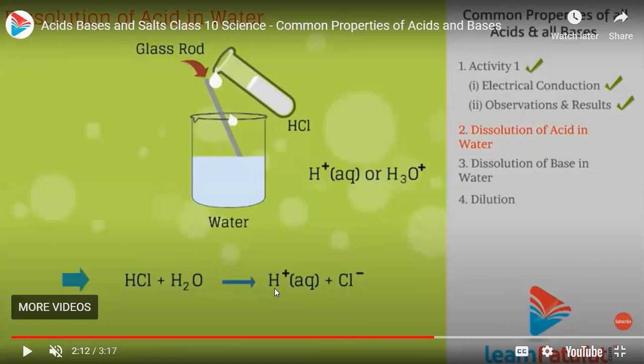Then this H+ reacts with H2O molecules and forms H3O+. So you can also say that whenever acids react with water, it leads to the formation of hydrogen ions or hydronium ions. H+ is the hydrogen ion and H3O+ is the hydronium ion. I hope I'm very clear to everyone.